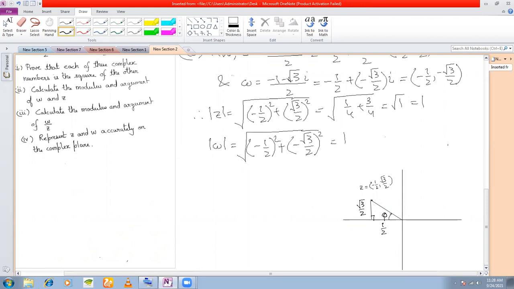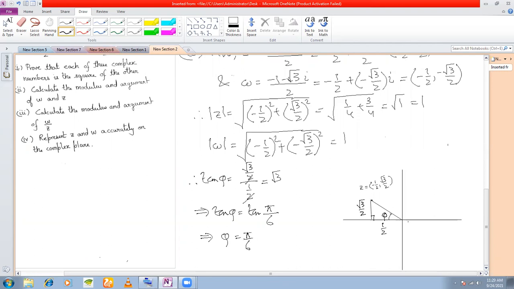Therefore tan phi is equal to root 3 by 2 by half, without the sign, because we are only finding the magnitude of the angle, which is equal to root 3. That means tan phi is equal to tan pi by 6, so phi is equal to pi by 6.